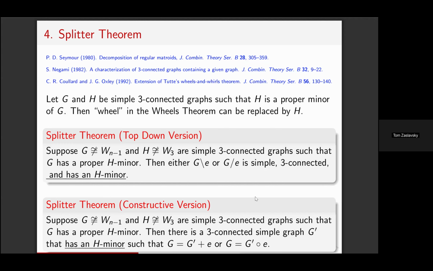Sandra, can I ask about the first version? Does this mean there exists an E such that this is true? It's not true for every E. Am I wrong? Yes. Then there is an E. Thank you. There is an E such that G delete E or G contract E is simple 3-connected and has an H minor.